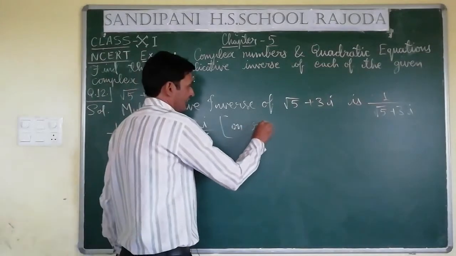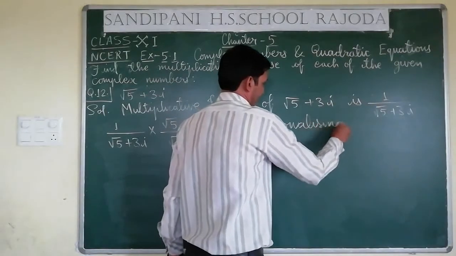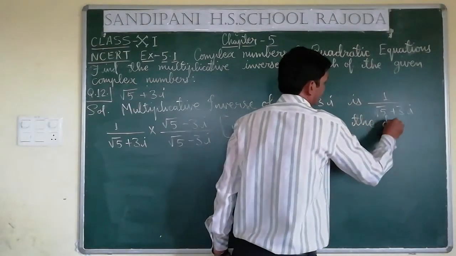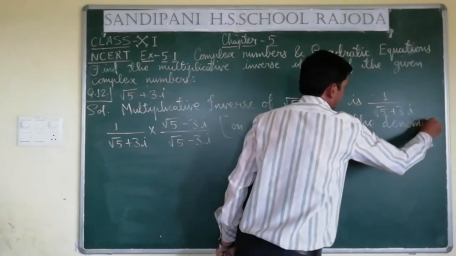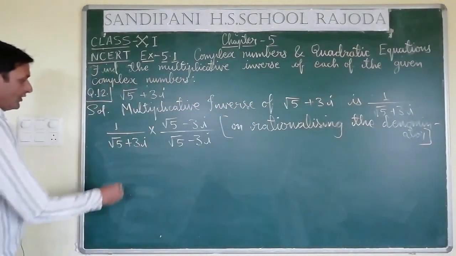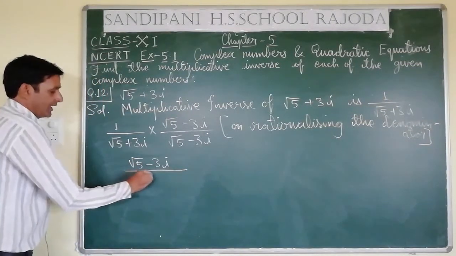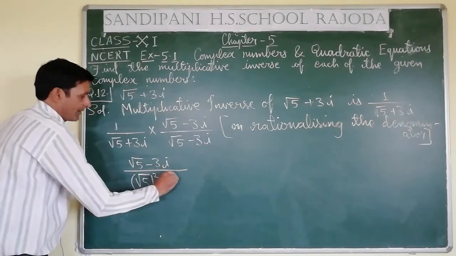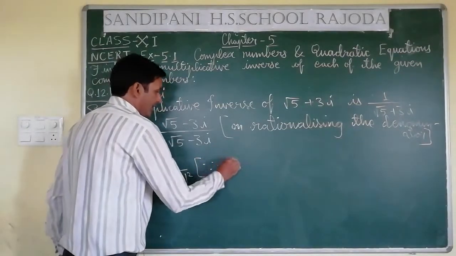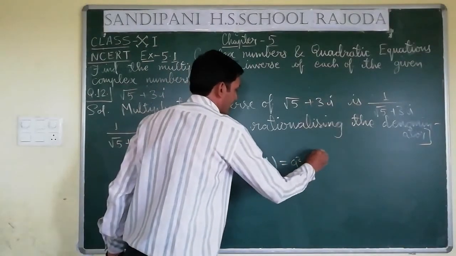On rationalizing the denominator, now it will become root 5 minus 3i, and in the denominator (a plus b) into (a minus b) will be a square minus b square. So we may write (a plus b) into (a minus b) is equal to a square minus b square.